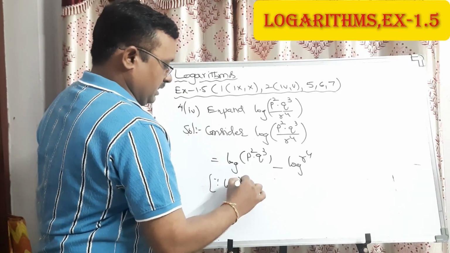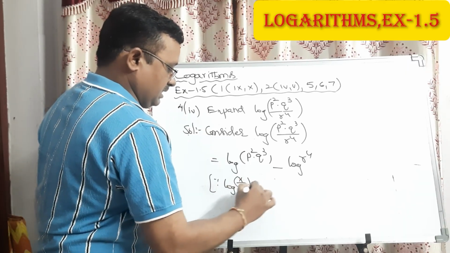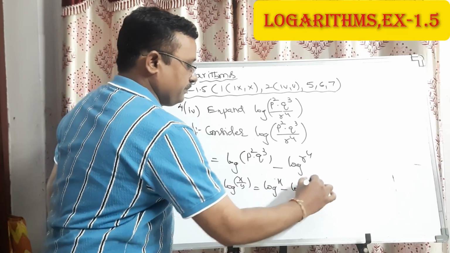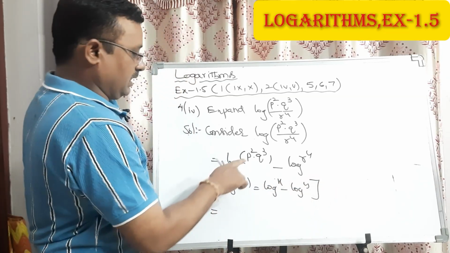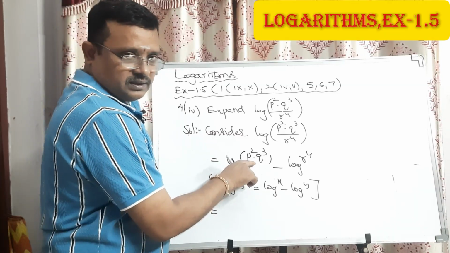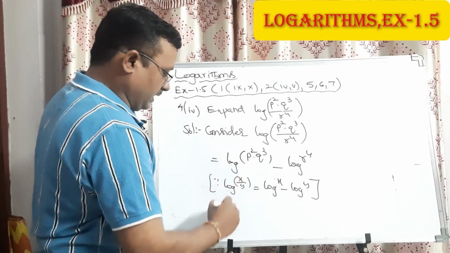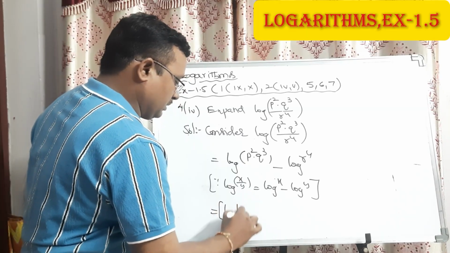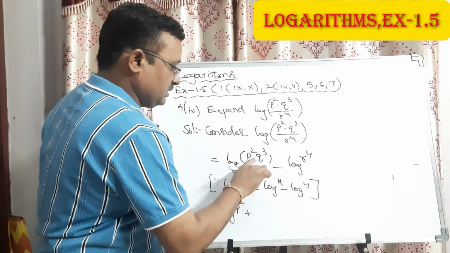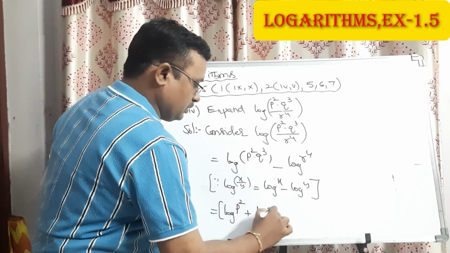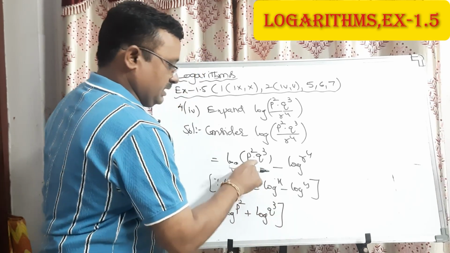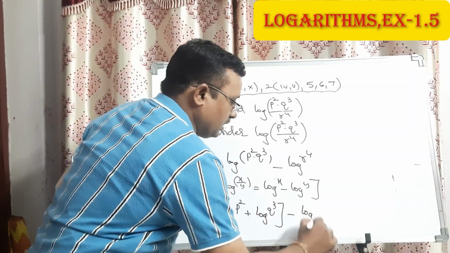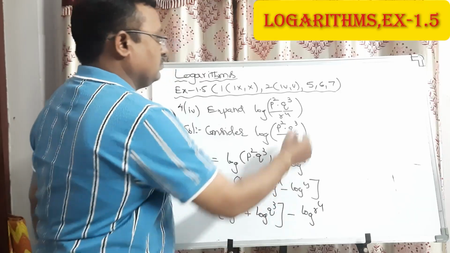Log x by y is equal to log x minus log y. Now it looks like a product formula, log x into y. So in brackets I am writing log p square plus log q cube as its expansion, minus log r power 4.